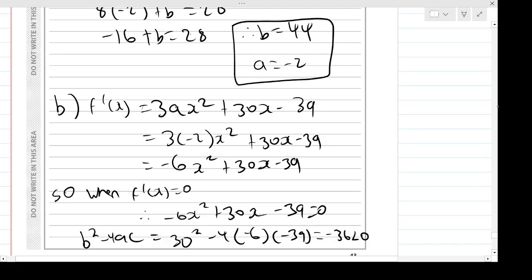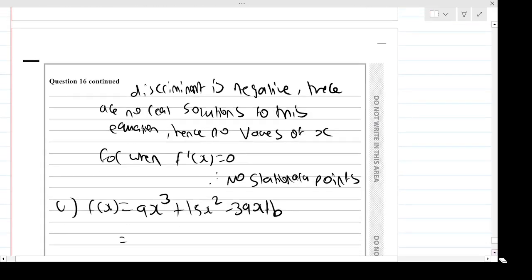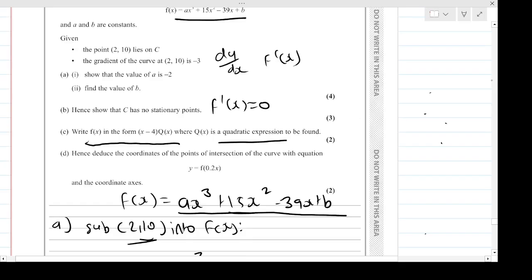A is minus 2, b is 44. So that would be minus 2x cubed, add 15x squared minus 39x plus 44. Now the question wants me to write f of x in this particular form, x minus 4 and q of x, right?